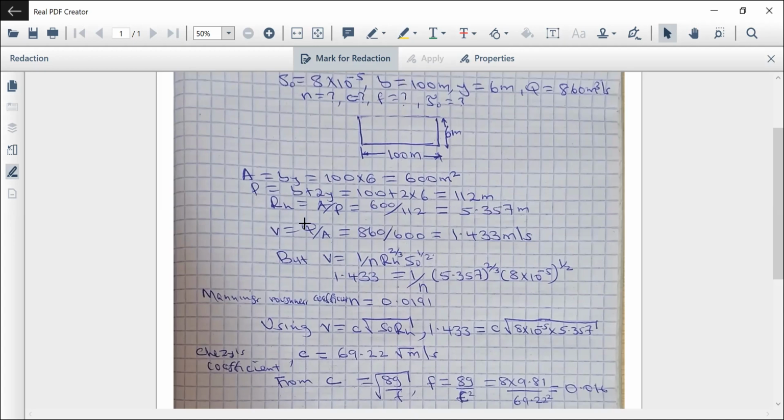Now we have the hydraulic radius, R_H, given by the area divided by wetted perimeter, which is 600 divided by 112, we get 5.357 meters. Remember, area is meter square, wetted perimeter is meter, so the result will be meter.